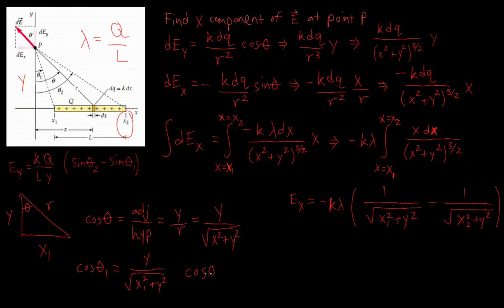So cosine of theta 2 is equal to y divided by the square root of x2 squared plus y squared.